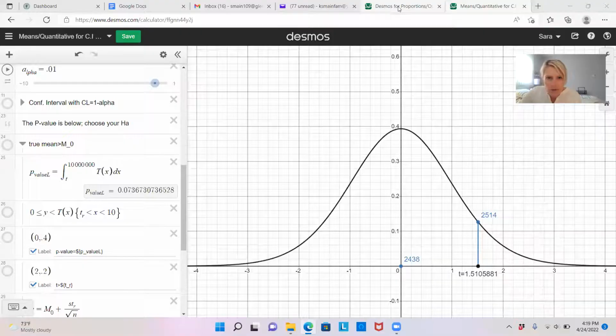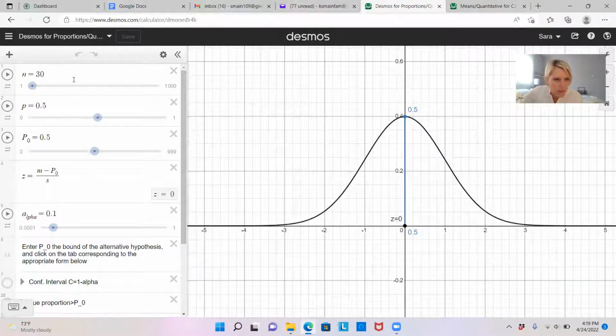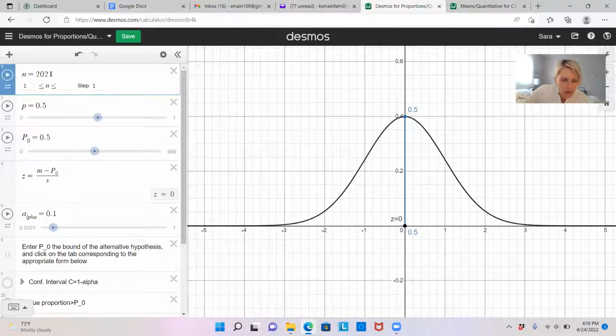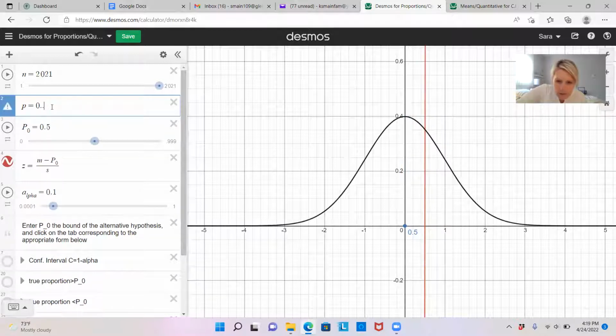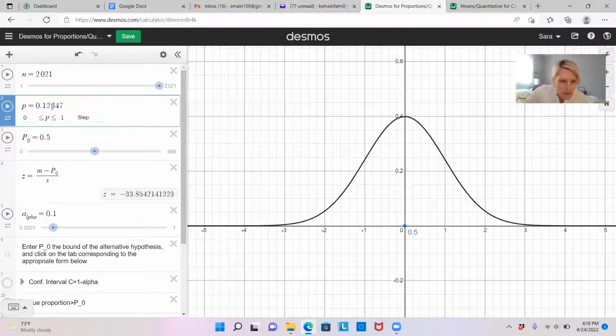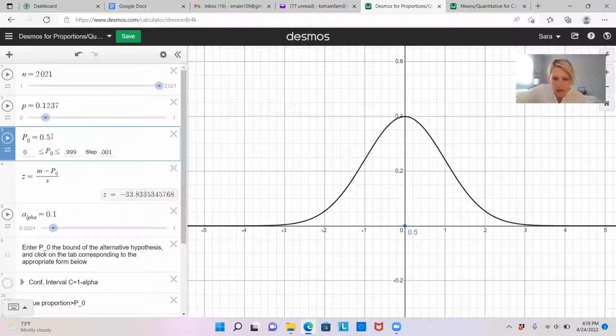And we're going to choose the one that's for proportions. And so our sample was 2021. And our p from our sample is 0.1237. And we think it's 0.15 was our original thinking.